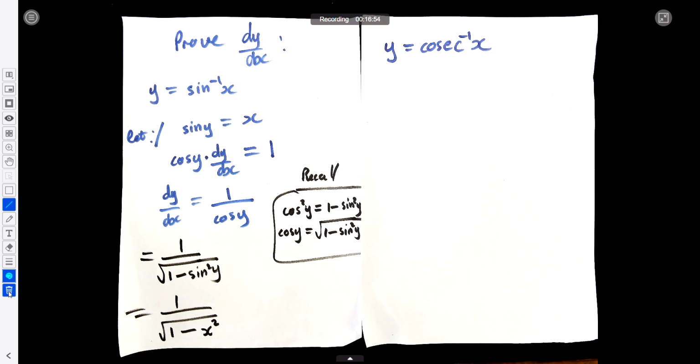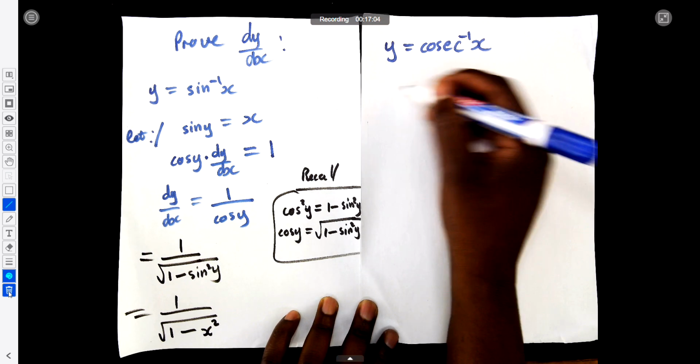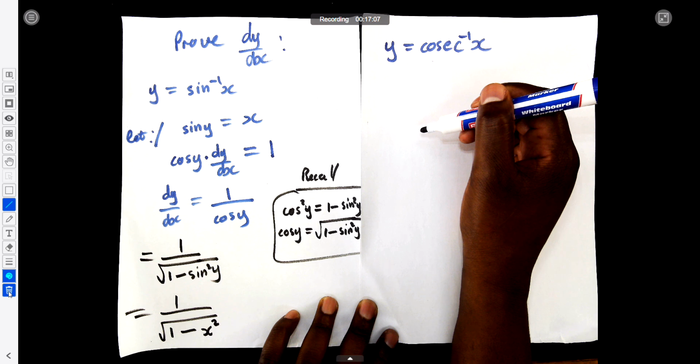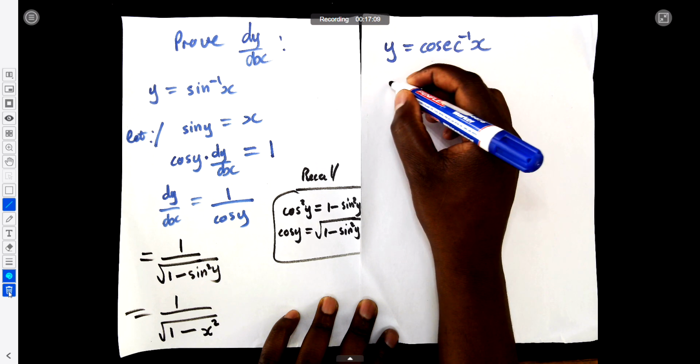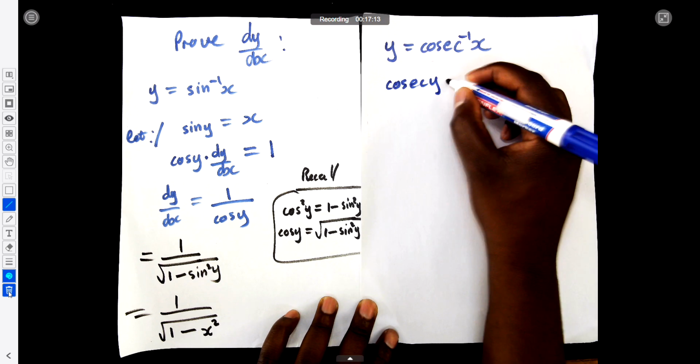But you must make sure the steps correlate and communicate. So what we're going to do is get rid of arc cosec, that's the first step. Therefore, we apply cosec on the other side of the equation.